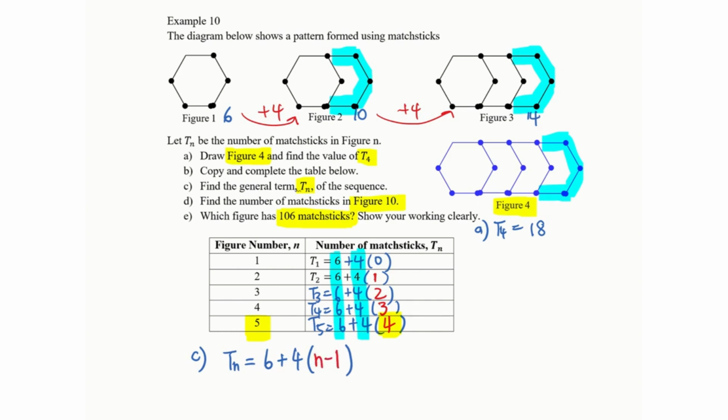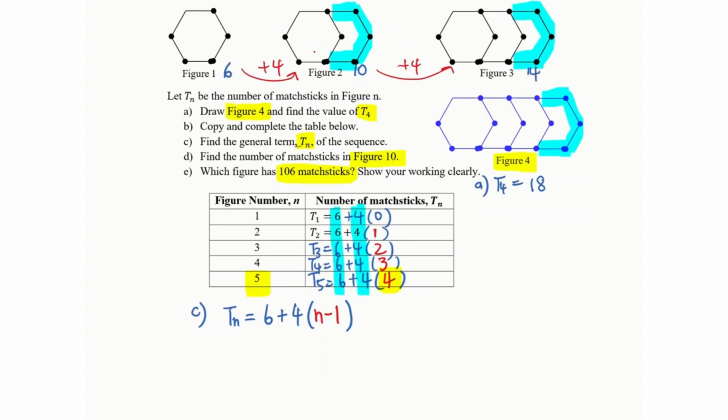And you shouldn't leave it in this form. You should always simplify it. It will be equals to 6 plus 4n minus 4, as you expand, and this will give you 4n plus 2.